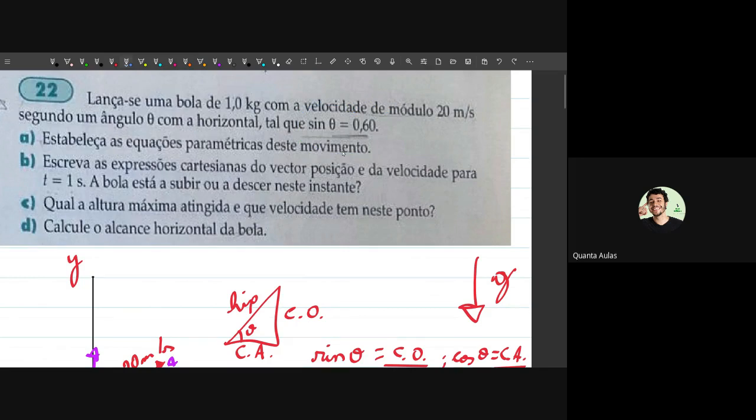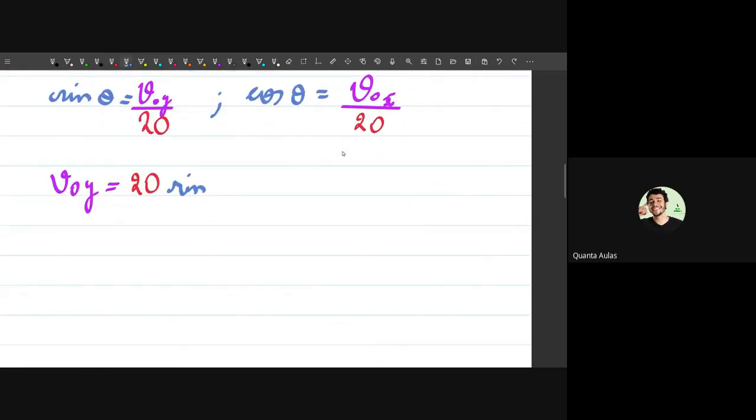I already know the value of sine. It's even easier. But how can I work with the cosine? In this situation, you need to do some math.